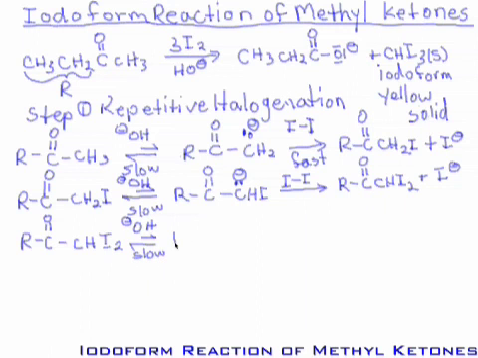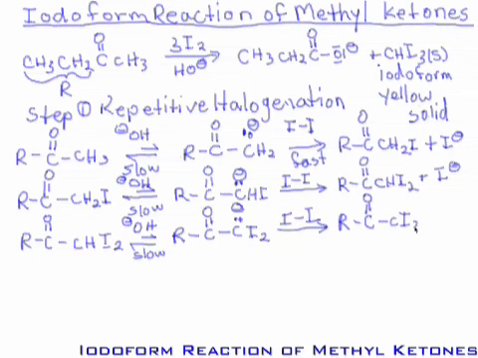In these two steps, the anion reacts with I2. And the net reaction, of course, is R, C double bond O, CI3 plus I minus.